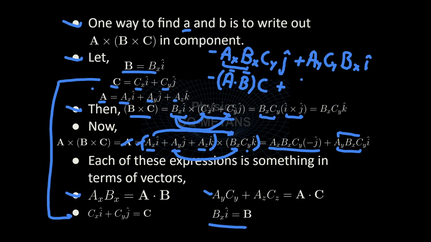This is the first term. Now the next term, Ay Cy, I can write as A dotted with C, and Bx I cap is nothing but B. So we get an identity: A dot C times B minus A dot B times C.